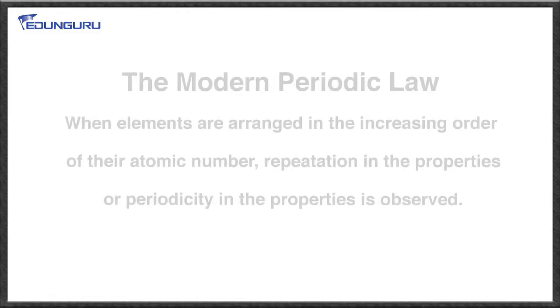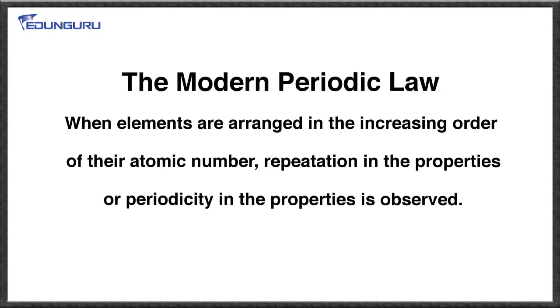That means if elements are arranged in the increasing order of their atomic numbers, repetition in the properties, or periodicity in the properties, is observed. On the basis of Moseley's work, the modern periodic law was proposed, and on the basis of the modern periodic law, the modern periodic classification is there.